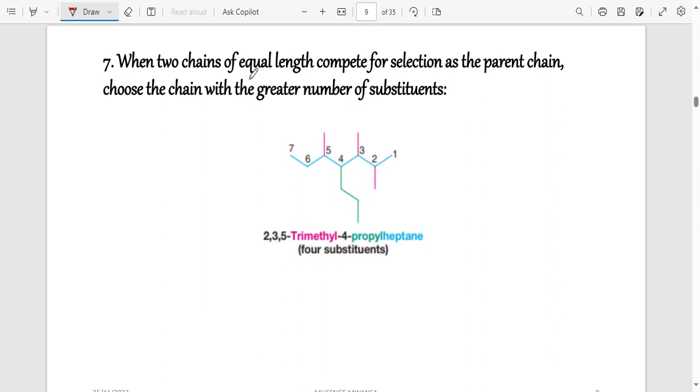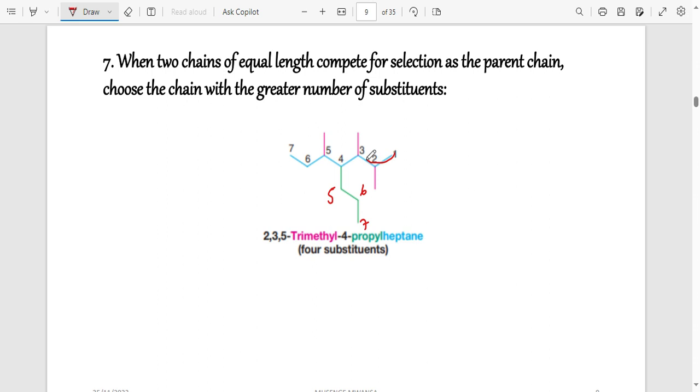When two chains of equal length compete for selection as the longest chain, choose the chain with a greater number of substituents. Look, for example, at this one. Going forward, the longest chain has 7 carbons. But if I went down 1, 2, 3, 4, and then down here 5, 6, 7, it also has 7 carbons.